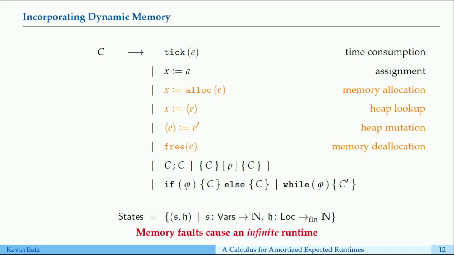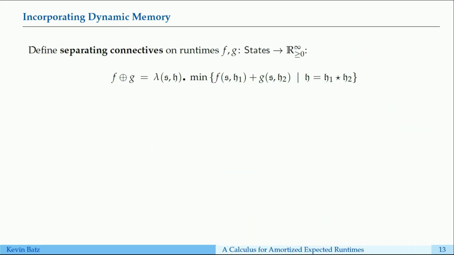Now that's our memory model here. Now, what's the main idea underlying runtime separation logic? So the basic idea is to define separating connectives on runtimes. So here, for instance, we have the separating addition, and this is the quantitative analog of the separating conjunction. And it works very similar.